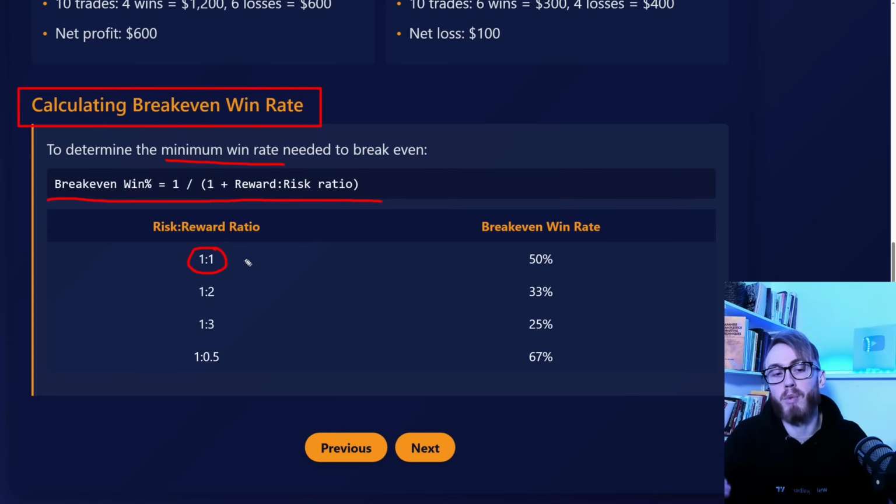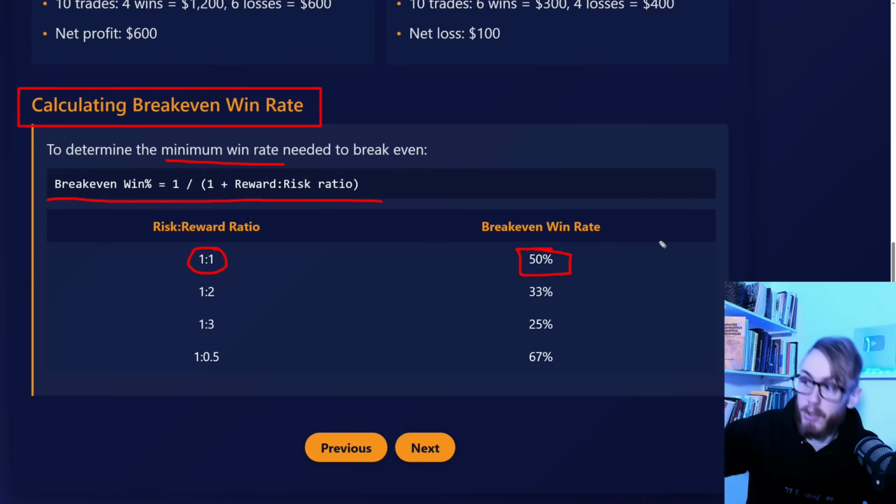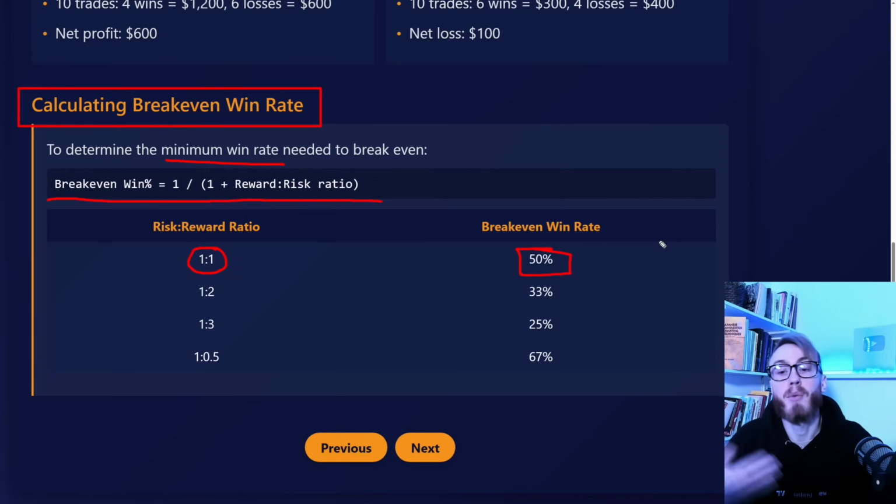If we have a 1-to-1 risk to reward ratio, so we risk, for example, 100 and we can win 100, then it's pretty clear that our break-even win rate is 50%. If we win 100, lose 100, win 100, lose 100, we will go even.